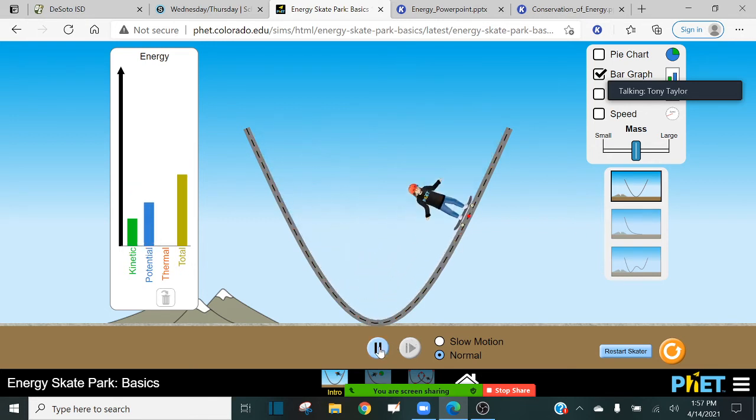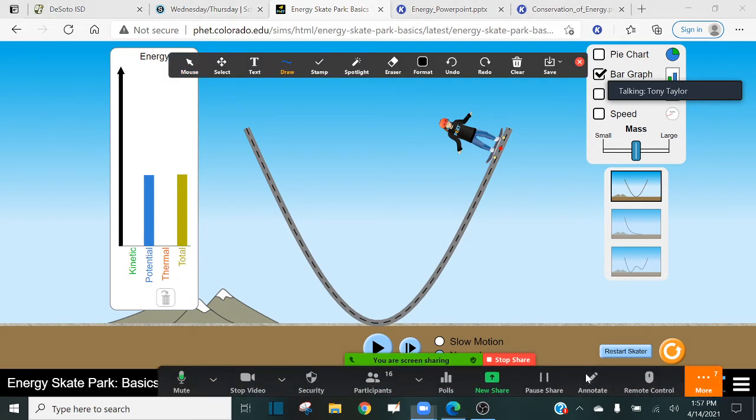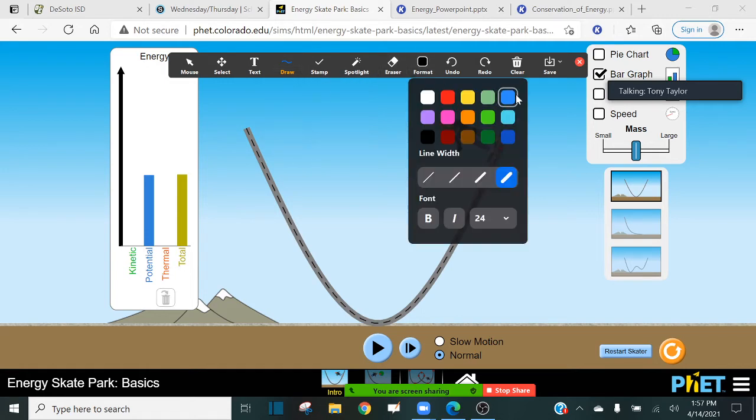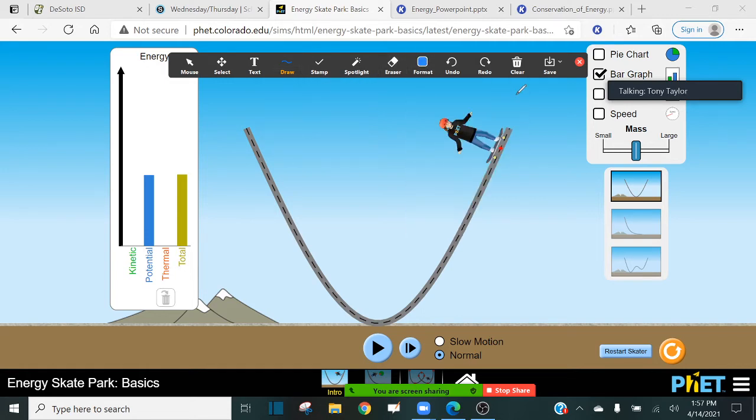Let me ask you guys a question. Let us assume this skateboarder here, while he's at the very top of his path, has 50 joules of potential energy at the very top of his path.